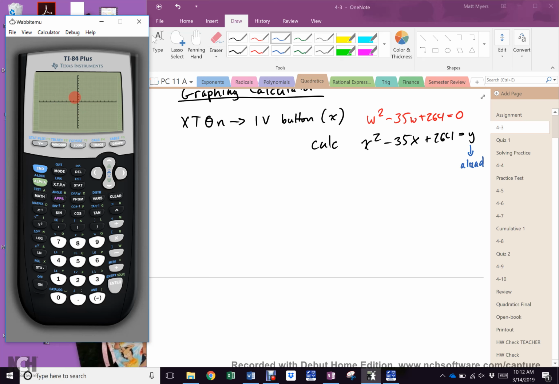Everybody? No. When I click graph, it did this. Yes, because you didn't pay attention the first time.